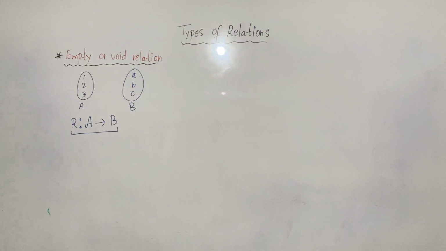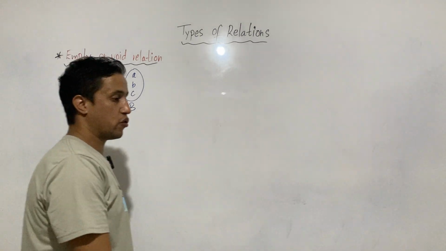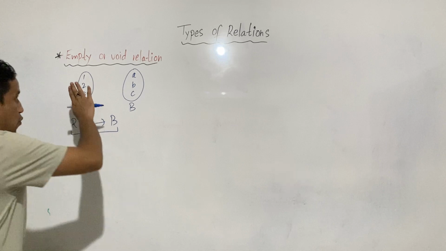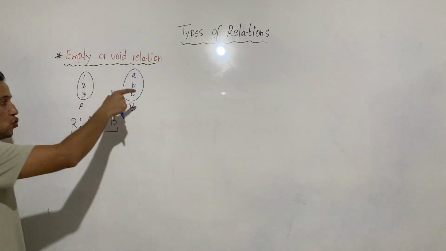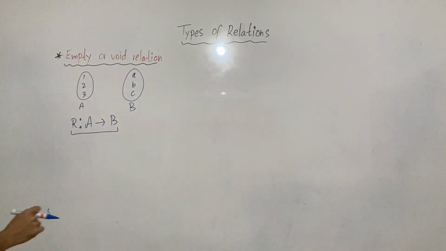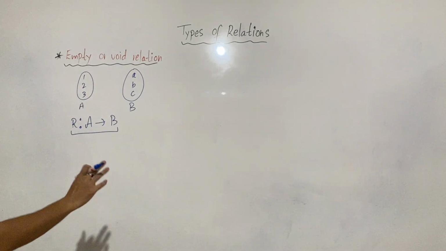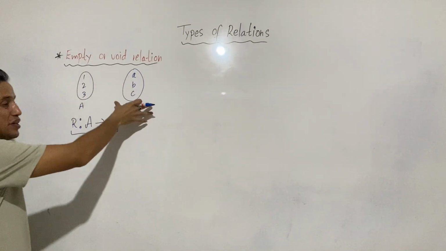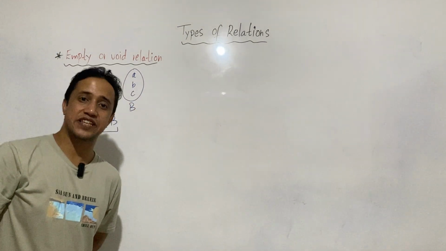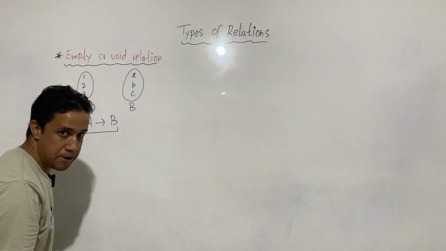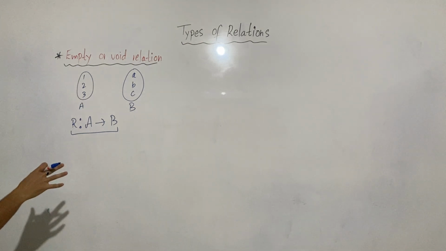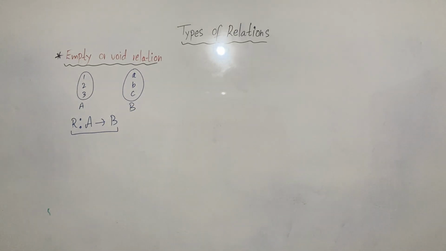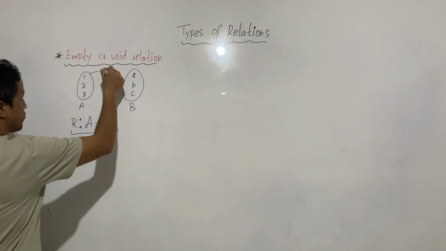So the empty or void relation means that a relation from non-void set A to non-void set B is said to be empty or void if no elements of set A are related to any elements of set B. You won't see any element of set A related to the elements of set B.